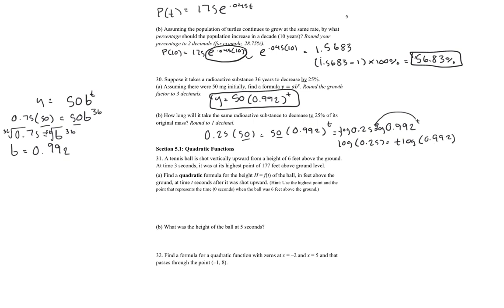And so then we can just divide by log of 0.992 on both sides. And so then we'll get t is equal to log of 0.25 over log of 0.992, or if we evaluate that, we'll get like 172.6 years.